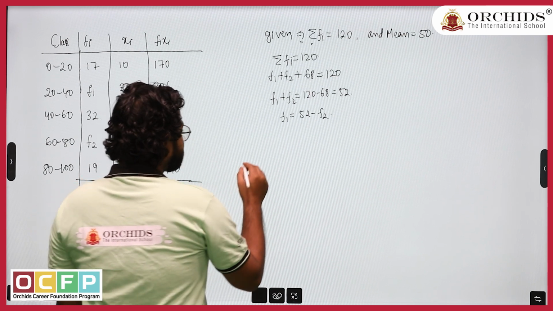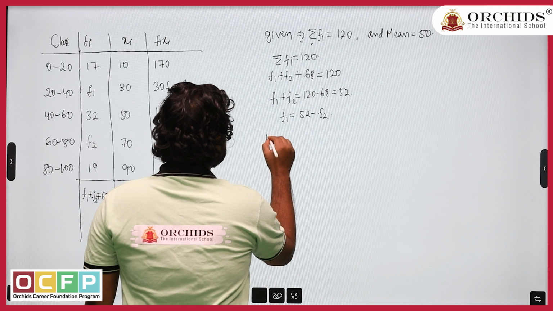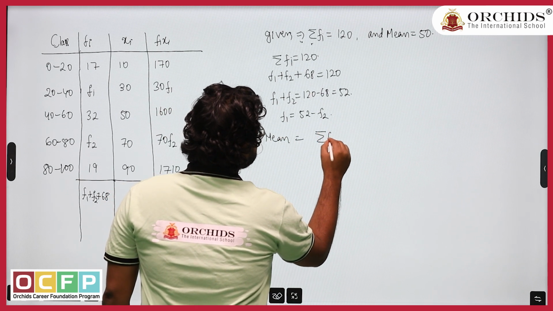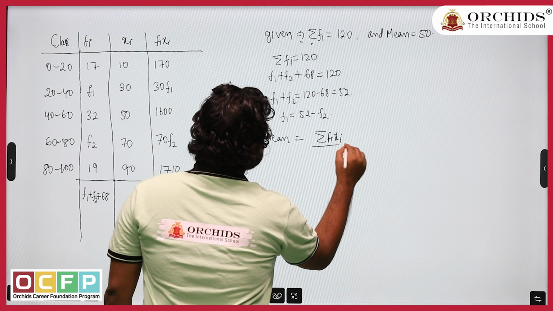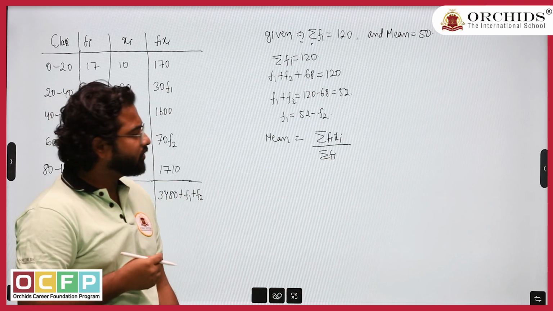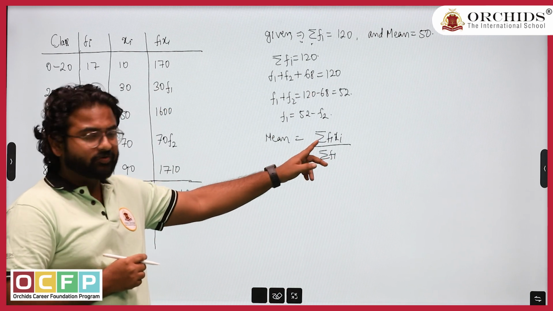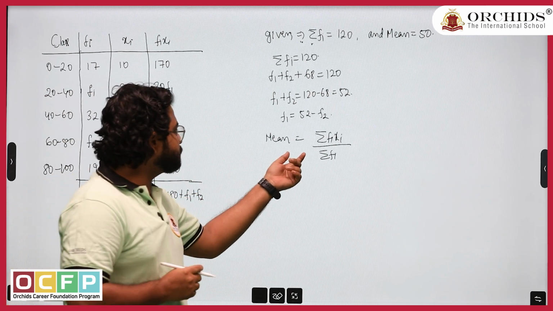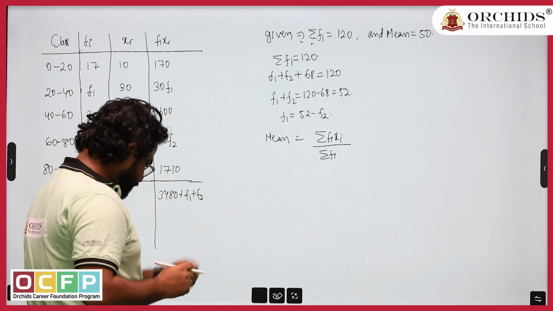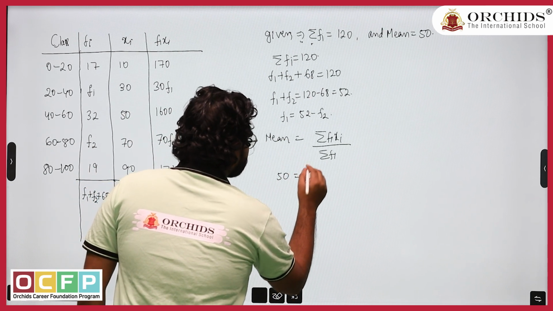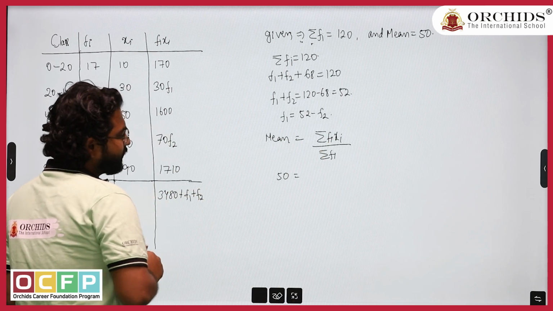Now we know that the mean value is given to me. Mean is equal to sigma fi xi by sigma fi. Whenever you are solving in your board exam, always try to write the formula. Now we will move forward. The mean is given as 50.